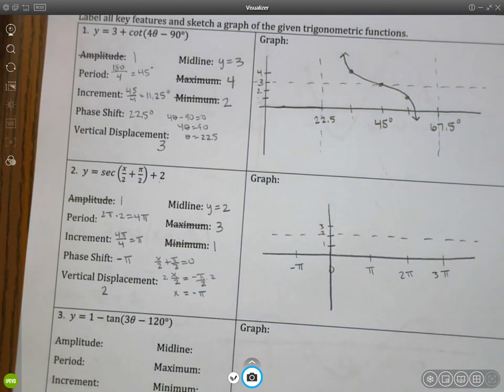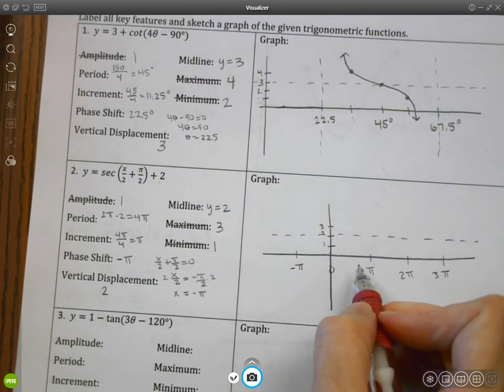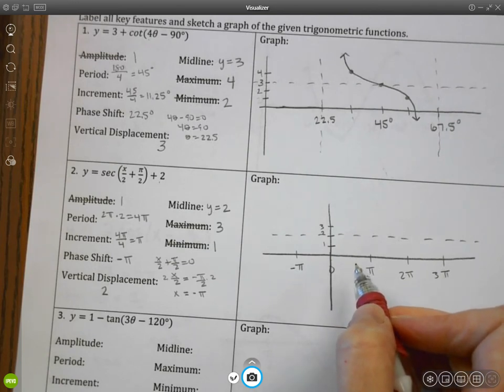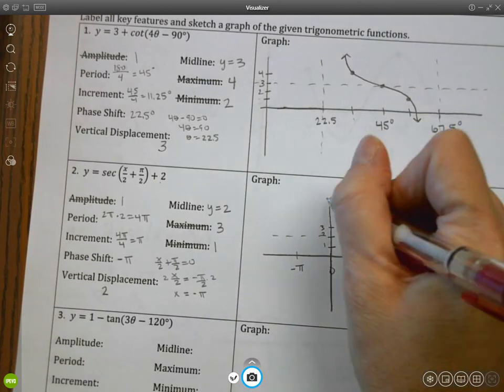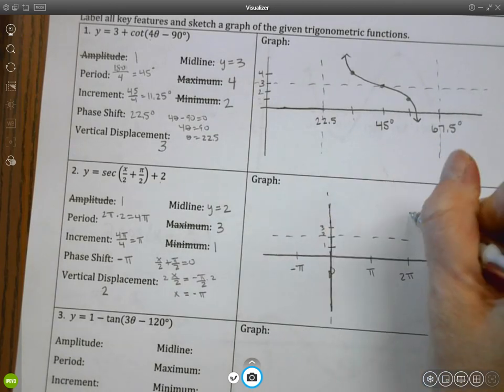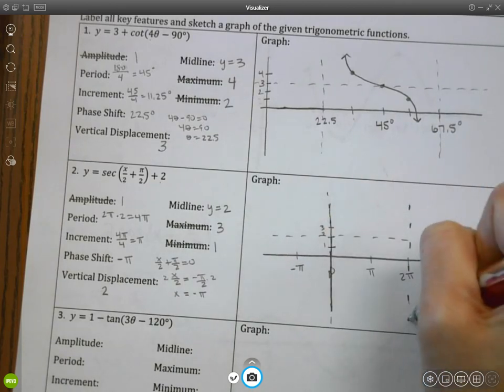All right, so now we're doing secant. And remember, if you look back at what we put in our composition book, secant has asymptotes at 90 and 270, so the second and the fourth spot.